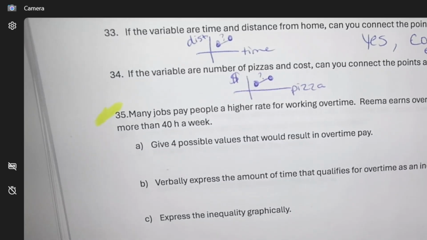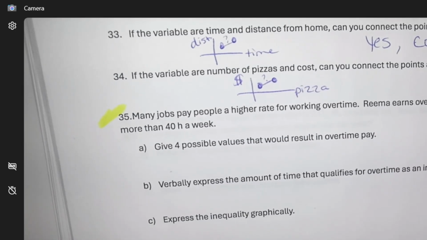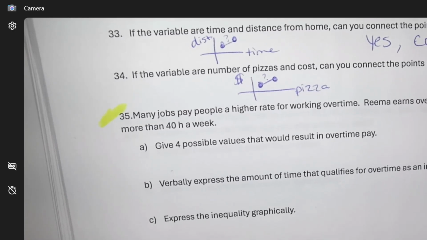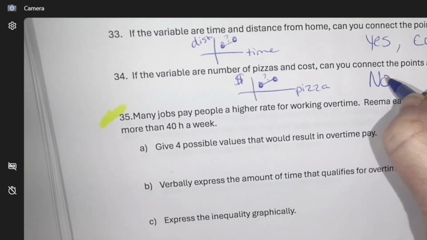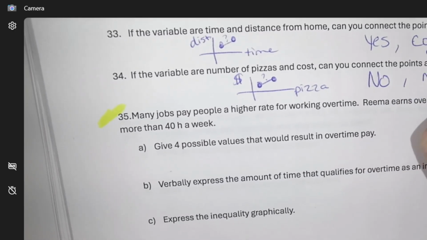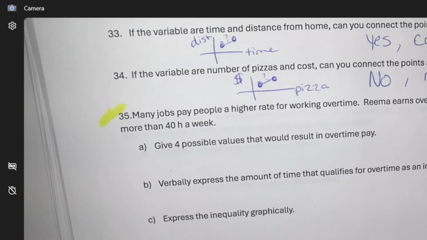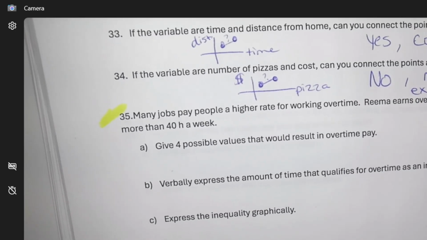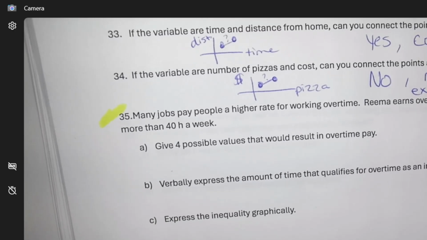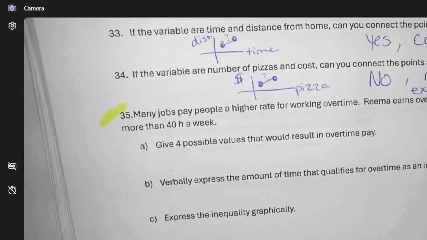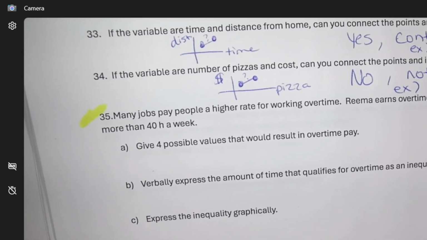Well, tell me when you go to the store, what do you think? No, not continuous. Example, 2.3 pizzas. Not good at the store. They will not take your order if you want to do 2.3 pizzas.